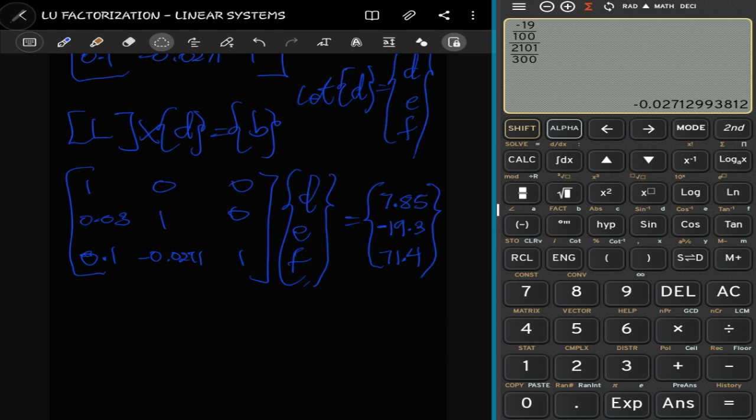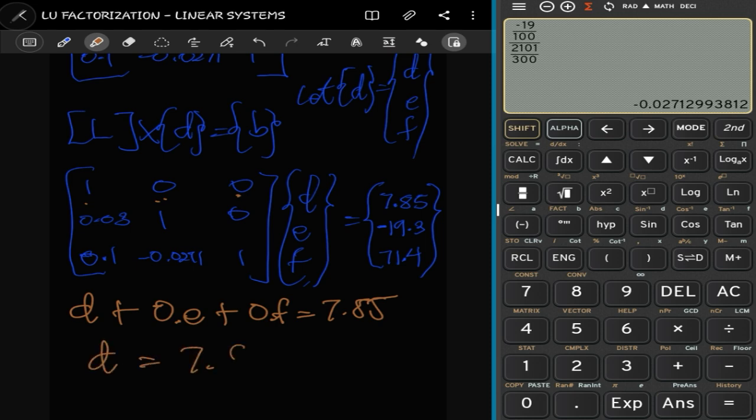From this, we can write out D, E, F. Going through this, we have D plus 0 times E plus 0 times F, giving us 7.85, right? Meaning that we get our D to be equal to 7.85.